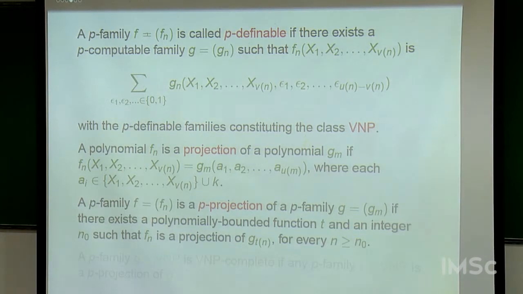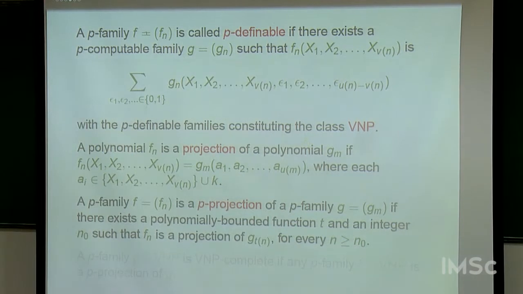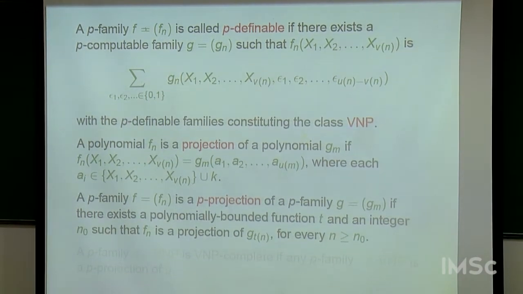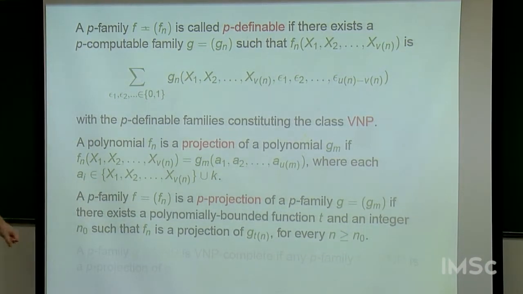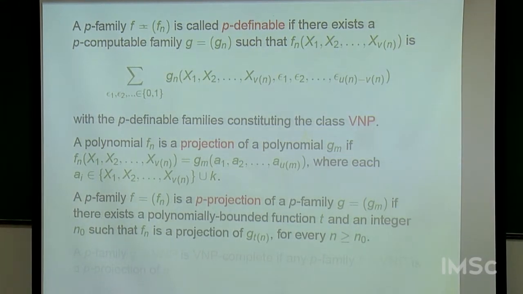And finally, a P family is a P projection of a P family G if there's some polynomially bounded function t, so that g of t of n is some polynomial, and g of t of n is a projection of f.